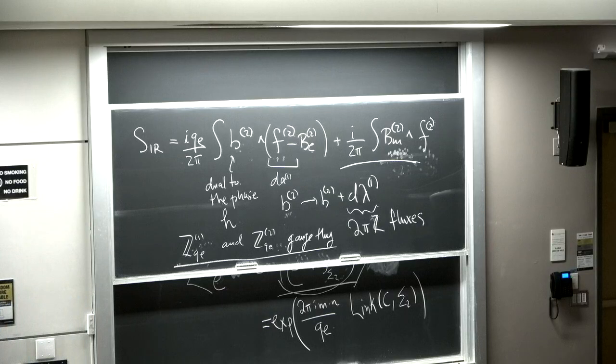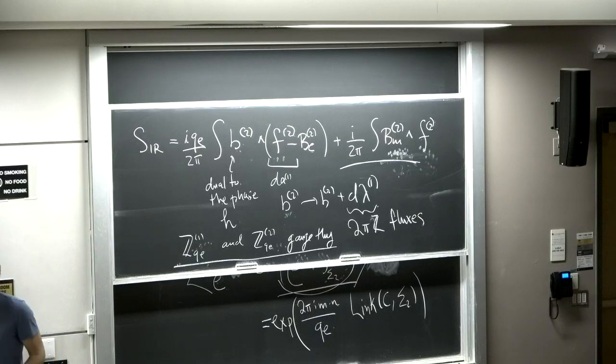And you can do that very explicitly because I showed you how to couple the action to background fields. And then in order to gauge a discrete subgroup of either U1 electric or U1 magnetic, you just make some of those background fields dynamical. In the case of U1 magnetic, you also have to embed the discrete gauge fields into the continuous ones. And then you add this BF action and path integral.